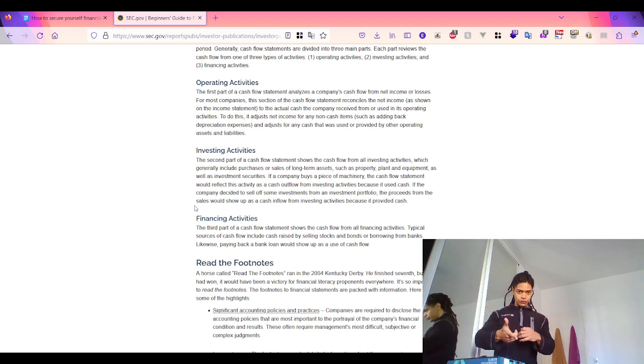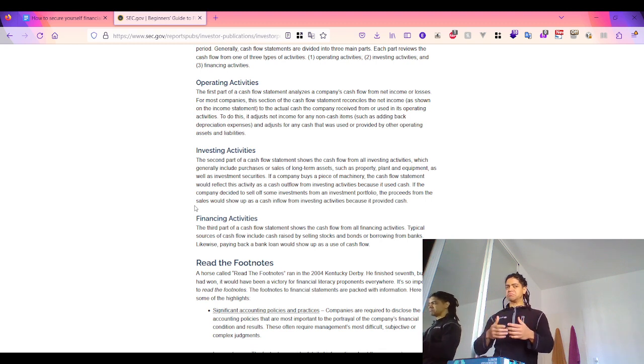So this part of the cash flow statement helps investors look at a company and decide if it is a good investment. It helps investors see where and how often a company raises funds, and where that source came from.